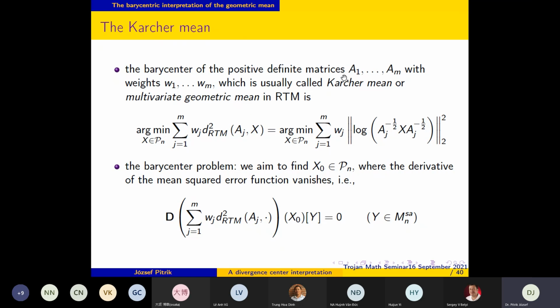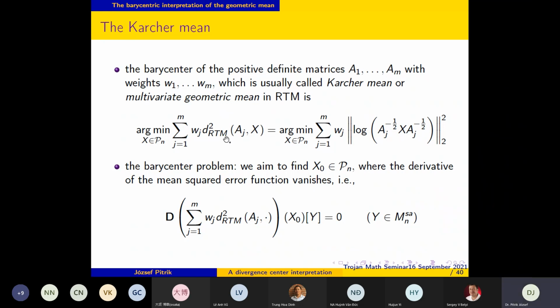So in this case, we have got m positive definite matrices, A1, A2, and so on up to Am, with weights w1, w2, up to wm. And the Karcher mean is defined as the solution of this optimization problem.